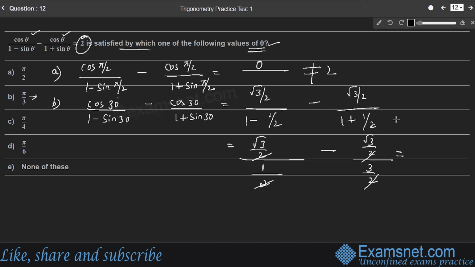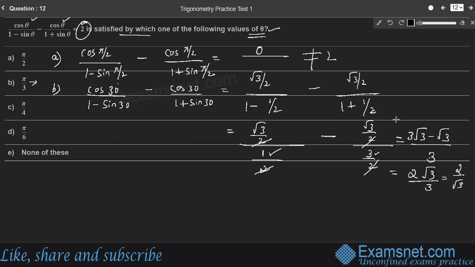So we have 3 in the denominator, 3 and 1, right? The LCM of the denominator is 3 and the numerator becomes 3 root 3 minus root 3. So you won't get 2 as the answer, right? 2 root 3 by 3 will give you 2 by root 3, right? Therefore, option B does not satisfy the given equation.